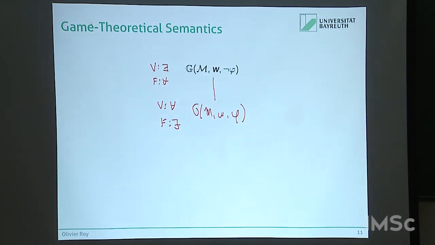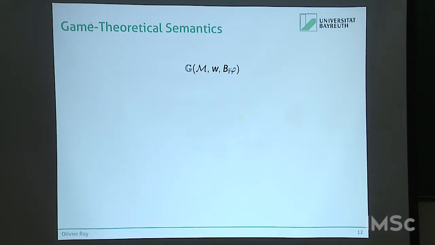So we switch roles. Okay, good. The belief modality does precisely what you would expect. You can think of it as a universal quantifier if it's a box, and a universal quantifier is a sort of big conjunction. So it's a choice for the falsifier: choose one of the possible worlds and move there.